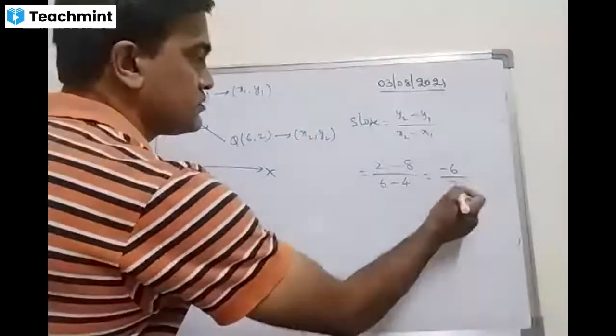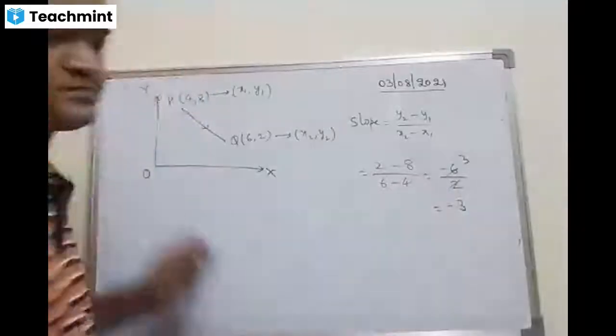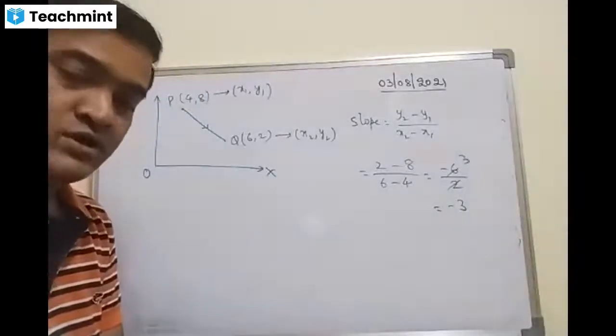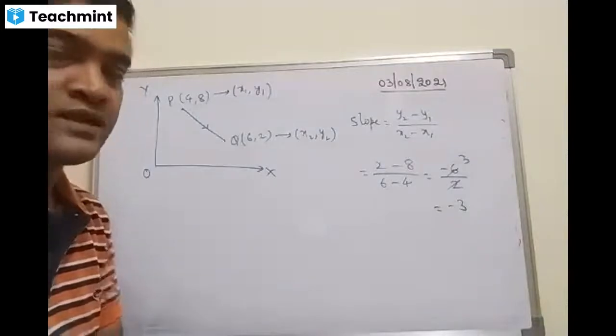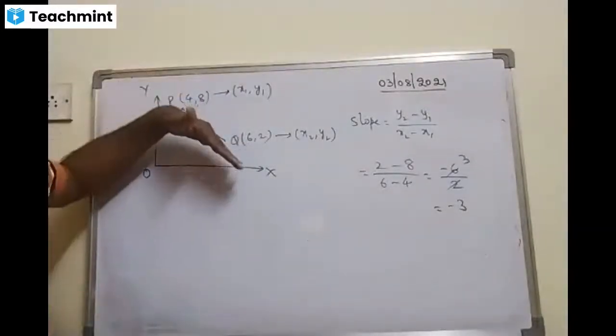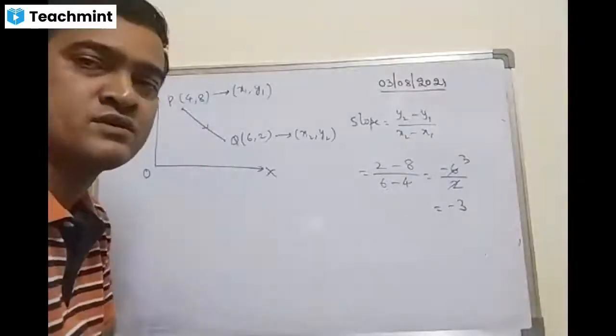Minus 6 by 2, which comes out to be minus 3. So in this case, you are getting negative slope. Negative slope will be for the line which is inclined downwards. Always remember.